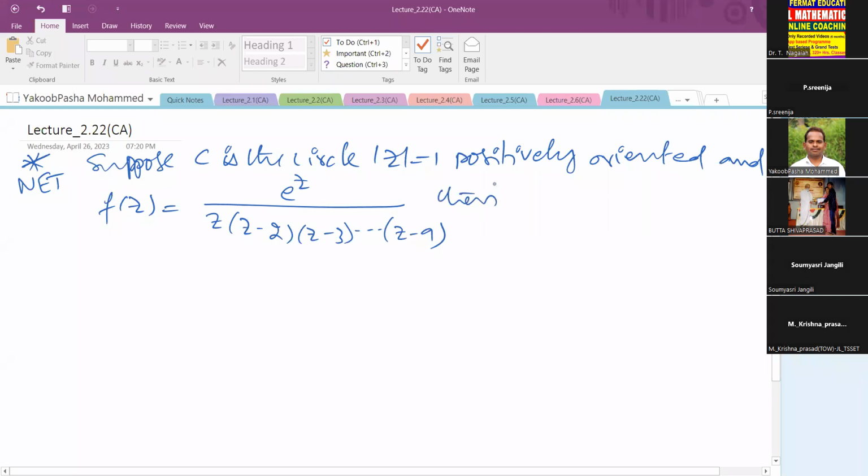Then the value of the integral over C of f(z) dz.